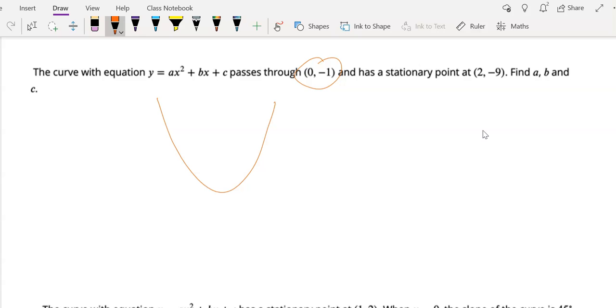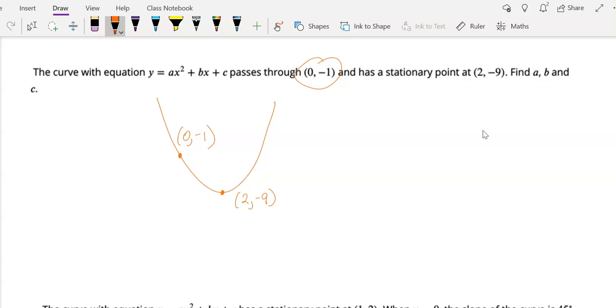Well, obviously, you can put that point down here, and then at 0, it's -1. So that's fair enough, I think. Now let's go with our formulas. In this case, we do have this point on the graph, therefore it should satisfy.